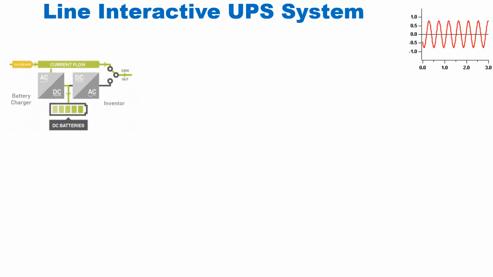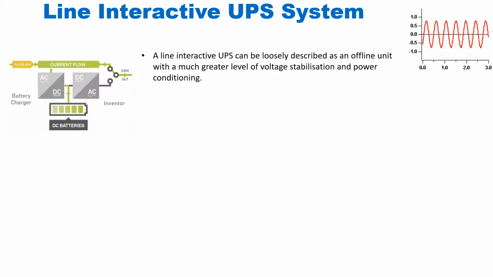The line interactive UPS, to put it very simply, is basically an offline UPS, but the voltage stabilization, the surge suppression and power conditioning are better in a line interactive UPS than in an offline UPS. Okay, so the line interactive tends to work similar to an offline, but only better.